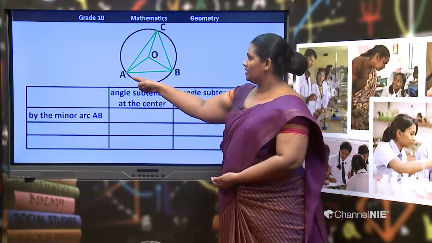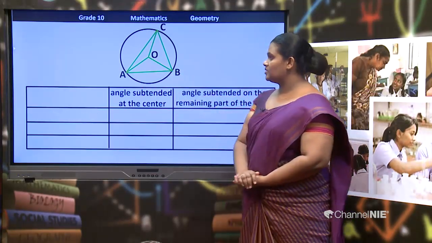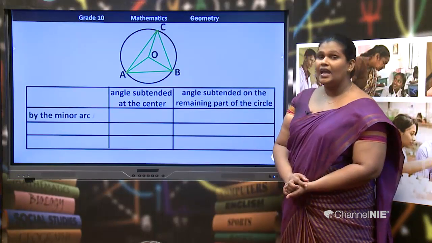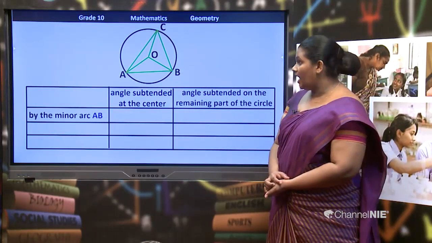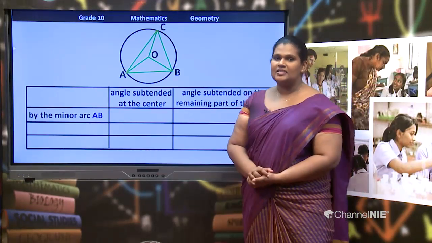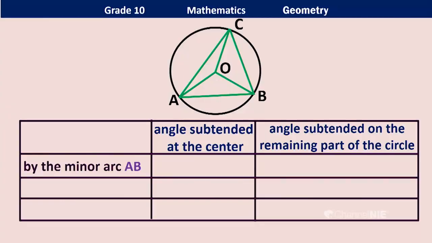Here. This is the angle subtended at the center by the minor arc AB. That is AOB angle, but this angle is less than 180 degrees. So, we can say the angle subtended at the center by the minor arc AB is angle AOB.